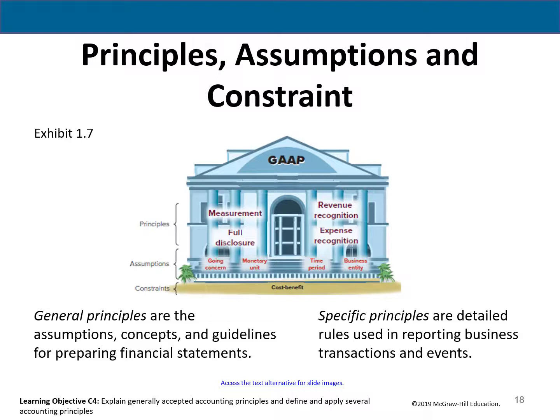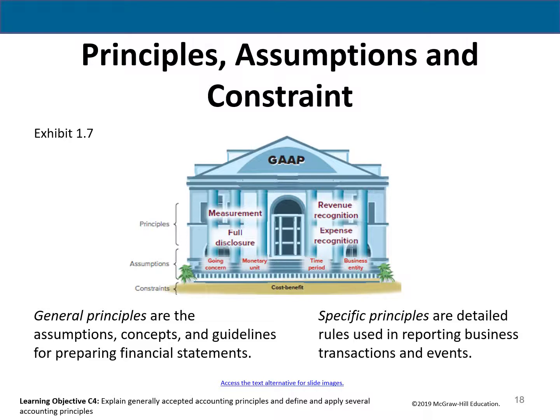Assumptions: going concern, monetary unit, time period, business entity. And then cost benefit. That's a constraint. And we're going to talk more about that. Now, specific principles are the detailed rules. So this is part of the framework, what we're looking at here, the general principles. Specific principles are specific rules we look at that are beyond the framework that we use to report business transactions and events.